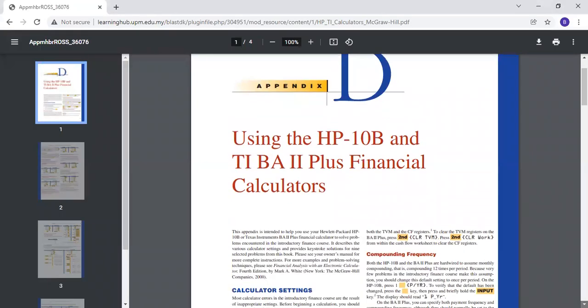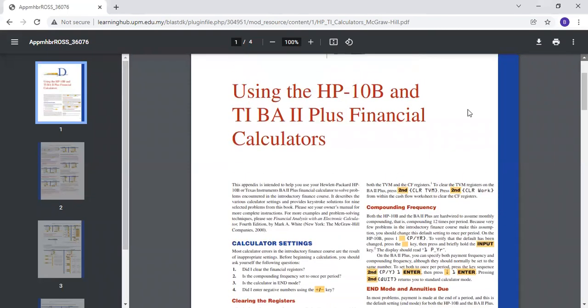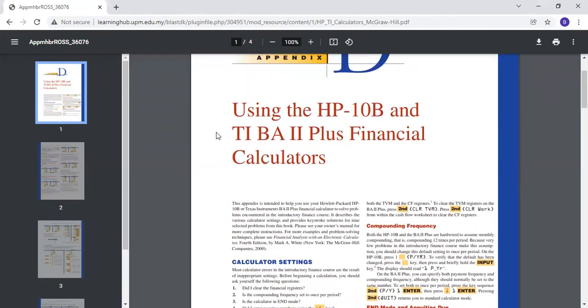All right, it is important to understand this. If you look at this manual, it has the HP 10B, and some of you have this financial calculator. Those of you that have it, the manual also explains how to do it. But to have detail, we'll be focusing on the Texas Instruments BA II Plus.